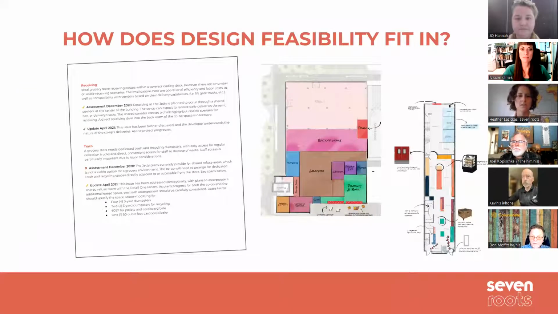Here's a little rundown of how design and feasibility interact. Early design work is often an element of site feasibility. We're trying to determine how a store can operate within a site.